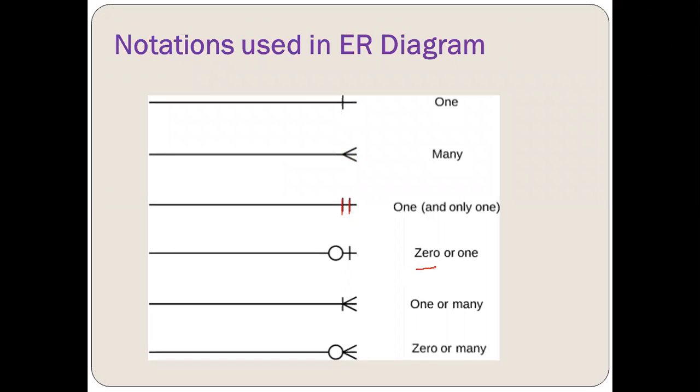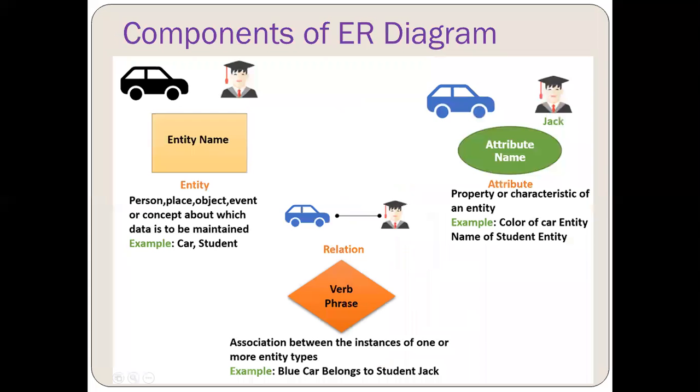This is optional one, that means zero or one relationship can exist. That is called optional one. This is mandatory one. This is a one-to-many relationship, and this is a zero-to-many relationship. So these are the different relationships we have.